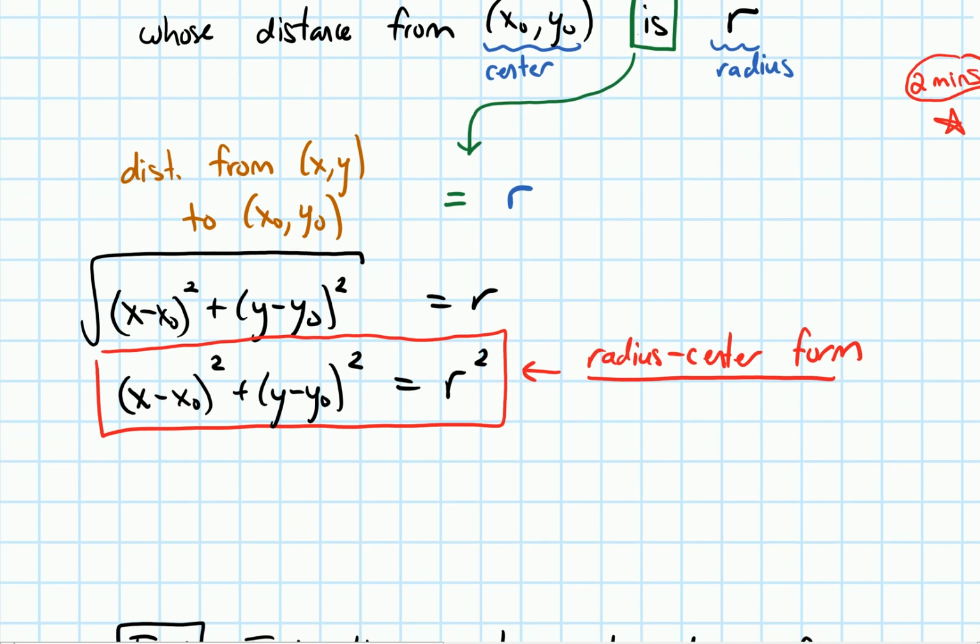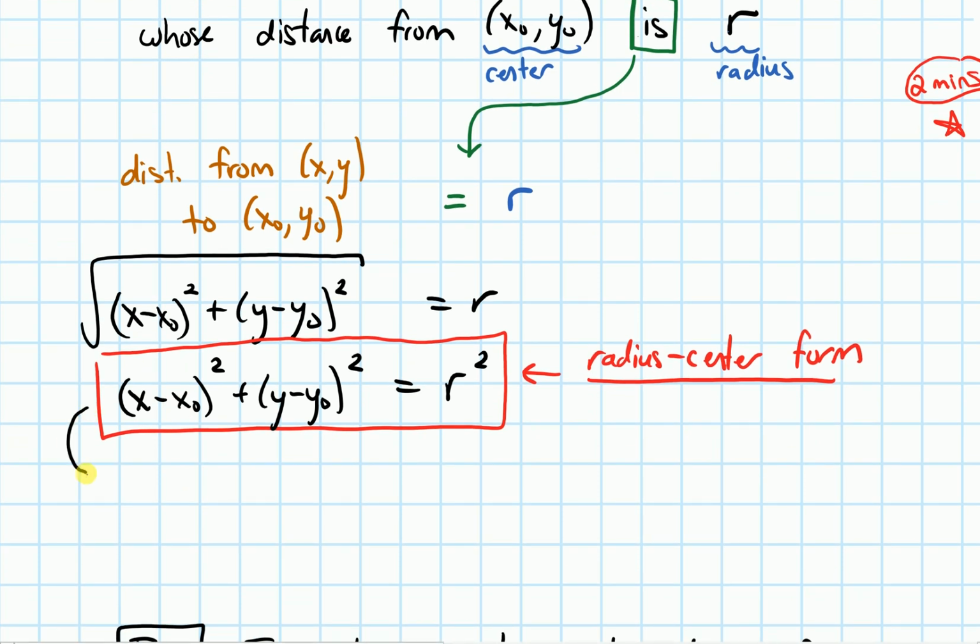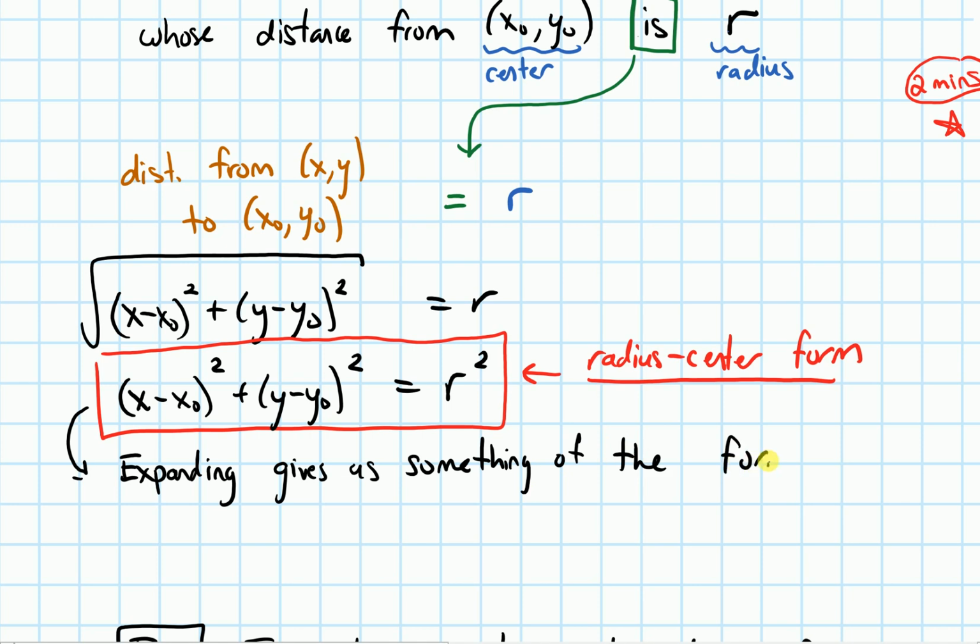But often we'll see the equation of a circle written in an equivalent way, which we get by expanding all of this. If we expand this, so if we do x minus x naught times itself and y minus y naught times itself, we'll get something of the form x squared plus ax, where the a here could be positive or negative.